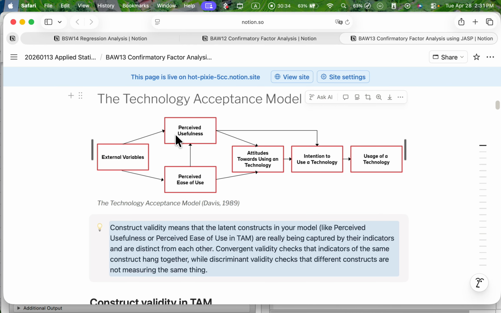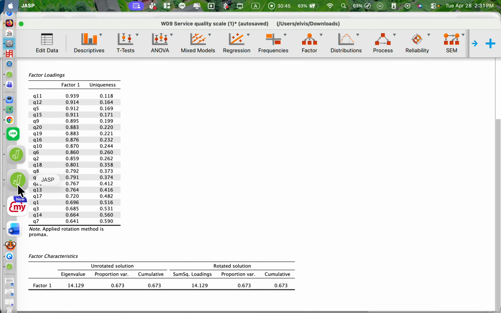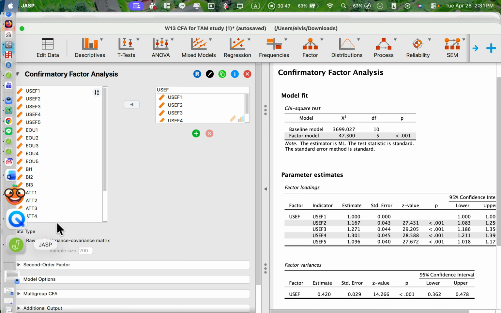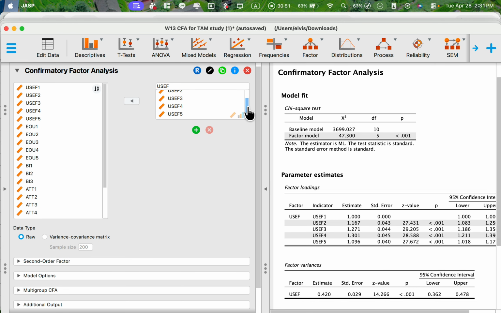We have 5 indicators for perceived usefulness, and another one is called perceived ease of use. So let's do it. This one? Yeah, correct. Okay, so now I have created the first construct, usefulness.